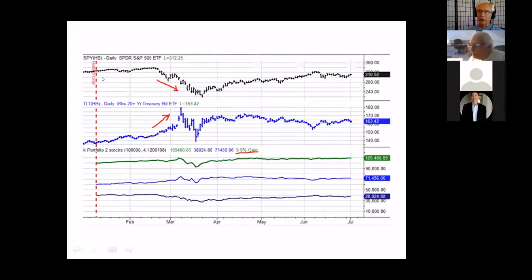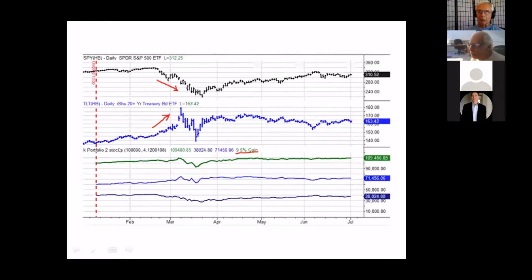This top plot here is SPY. SPY is going down, and at the same time, TLT is going up. That's exactly what you want to see to try to smooth the curve. Not flatten the curve, people, smooth the curve.